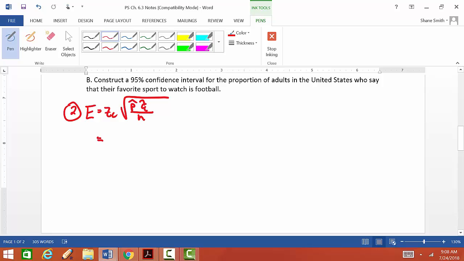Okay, now it's a 95% confidence interval, so what z-score goes with 95%? Well, let's do this the long way, and then we'll go with the short way really fast. So if you remember the long way, which you do have to know, 95% is in the middle. That means there's 2.5% on each side.